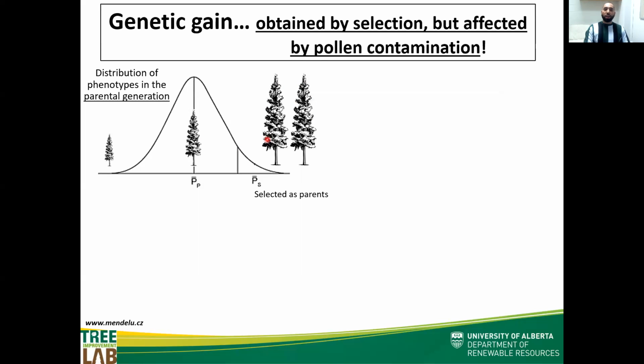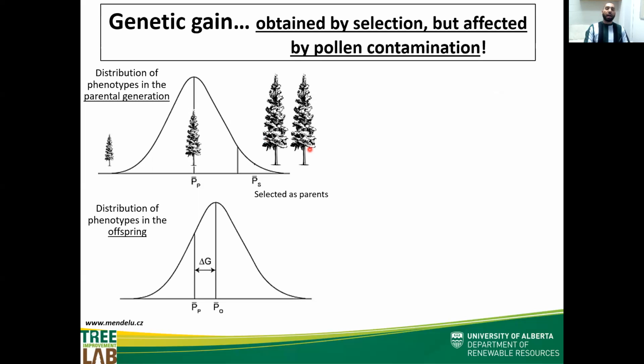In the next generation, we will have offspring produced from these parents, and they will configure a new distribution of phenotypes. We will have the phenotype from parents, which corresponds to this average, and we will have a new population, which is the offspring, with a better performance.